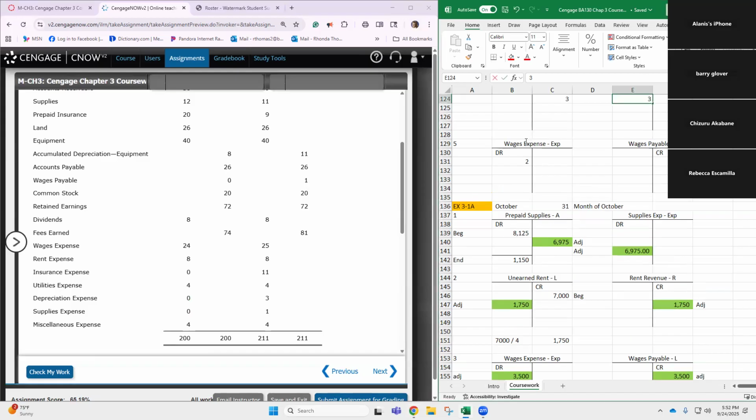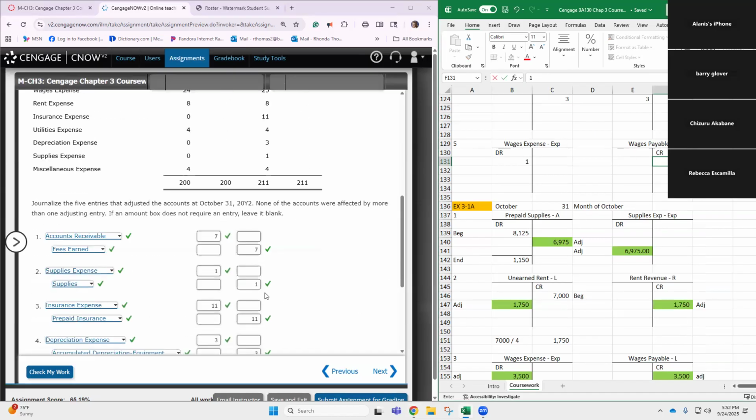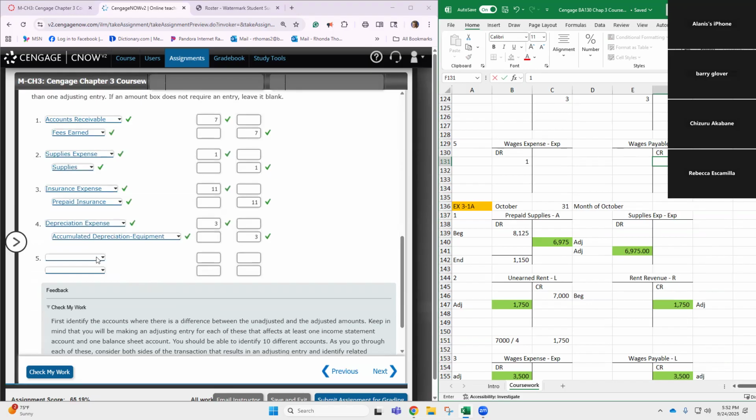So we want wages expense going up 1, and we want the liability going up 1. And this is our last adjusting entry. We want wages expense for the difference that your trial balances show, and then we want wages payable.